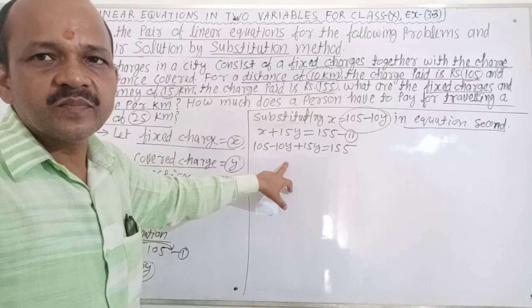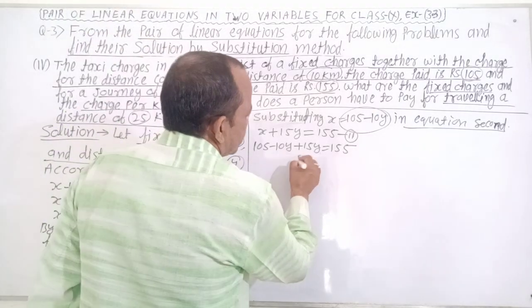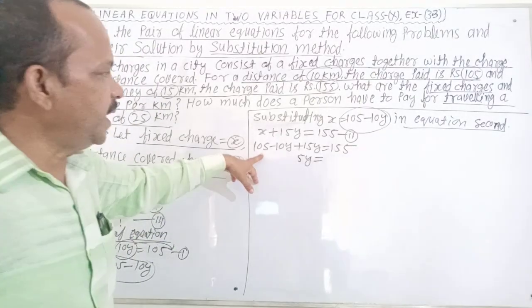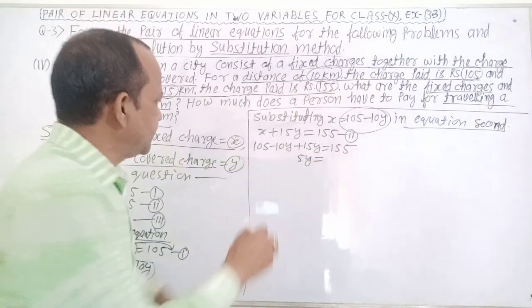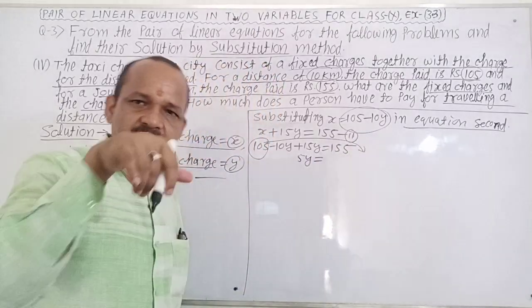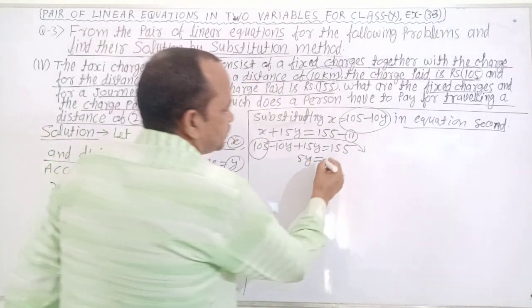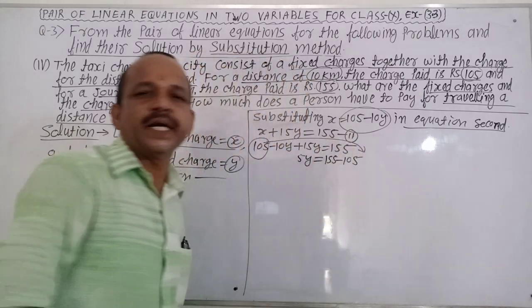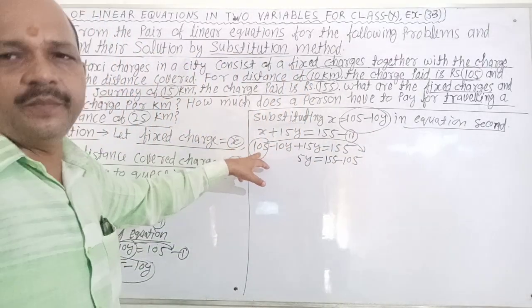It becomes 5y. Here 105 and here 155. You write 105 on the right side of equal. It becomes 155 minus 105. Here 105 with positive sign.